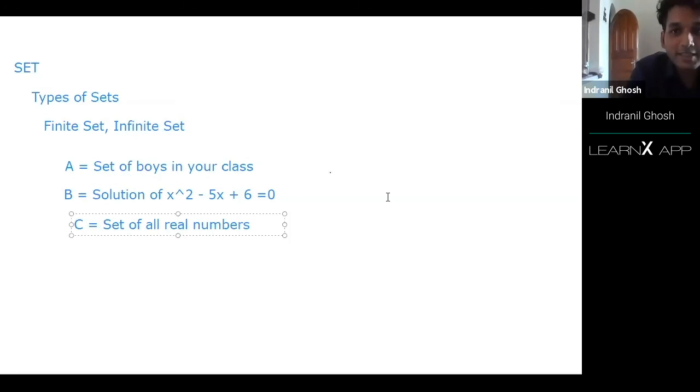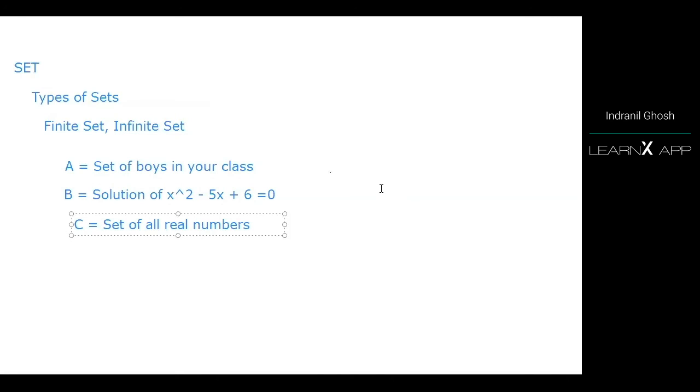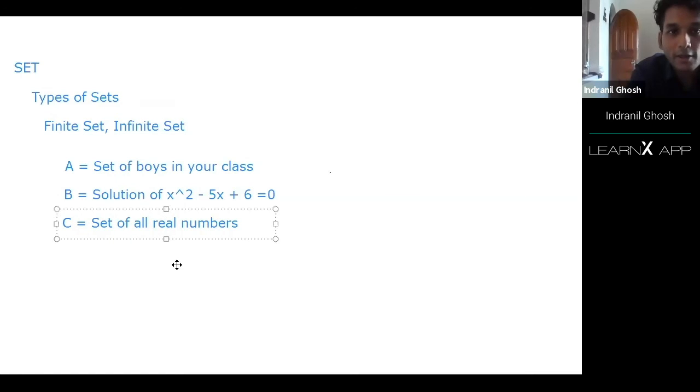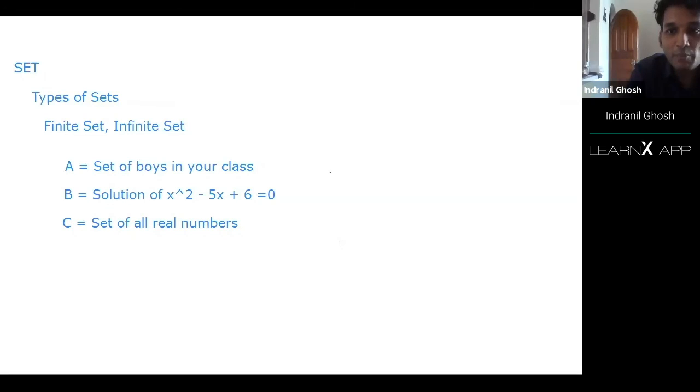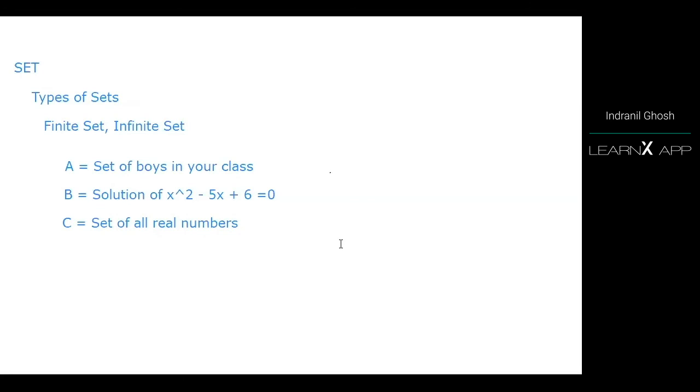Is this a finite set? No, sir, because the real numbers are a mixture of rational and irrational numbers. There are infinite real numbers, meaning we cannot count how many real numbers there are.